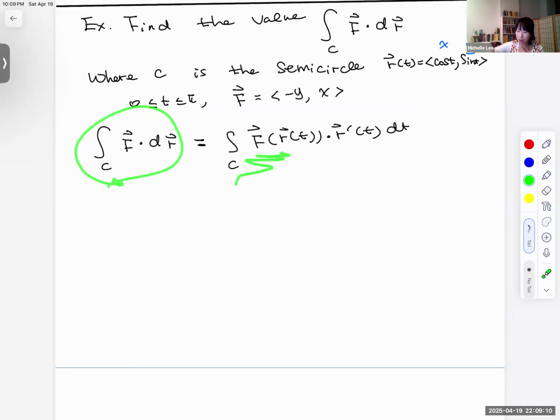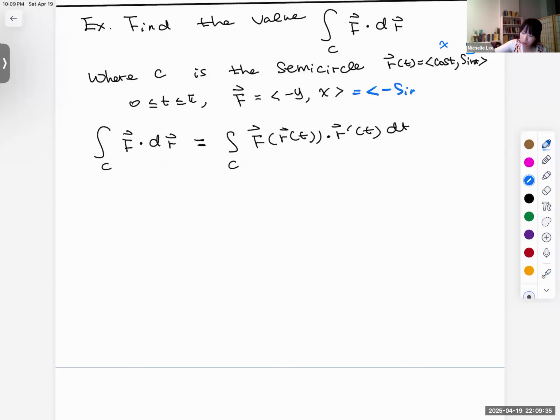So the line integral of the parameterized field, and dr means r prime of t dt, right? Now let's take a look at the vector field. Negative y, x means y is sine t, so keep the negative there, negative sine t, x will be cosine t, right?